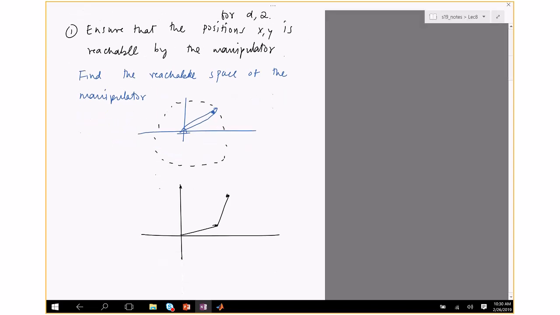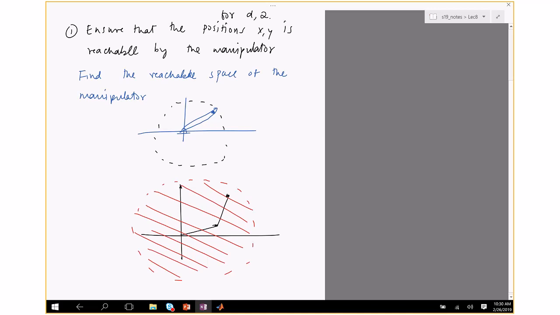If you can stretch the links to any angle, then you can draw everything in the workspace. Line is the workspace. There are no limits on the manipulator, and the workspace is the entire red thing.